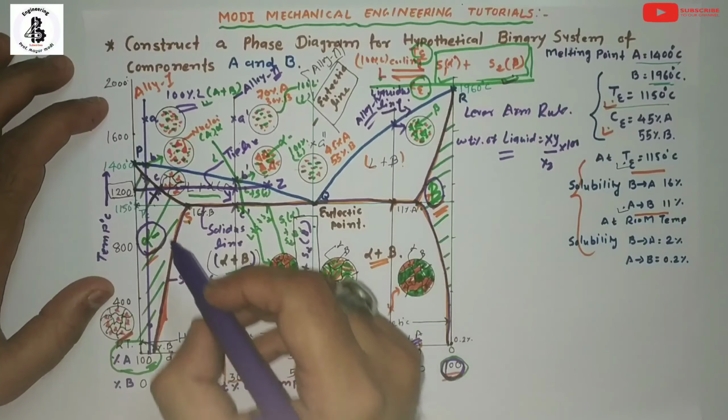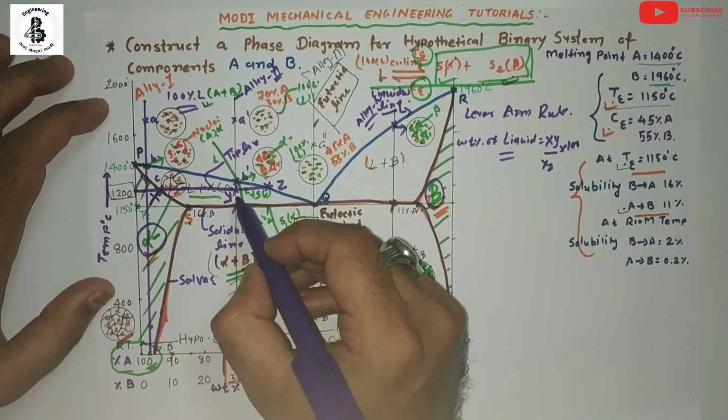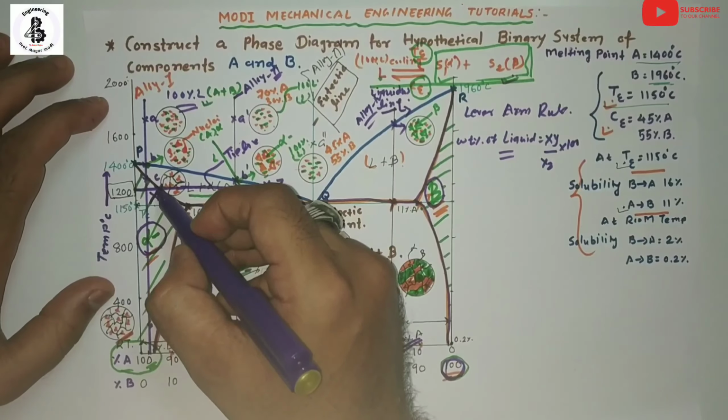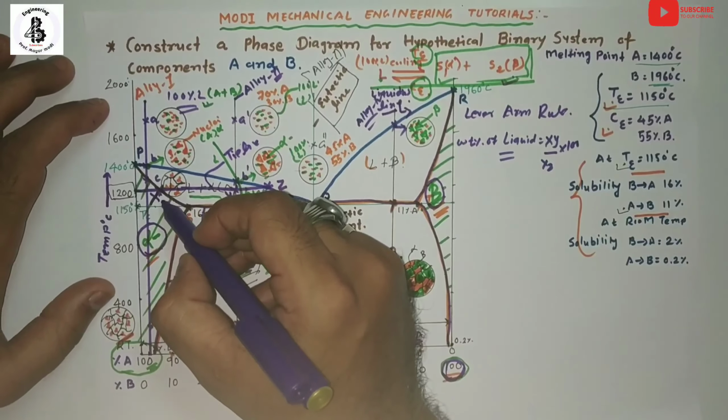Now for finding the distances XY and YZ, you can make a projection line onto the composition line.